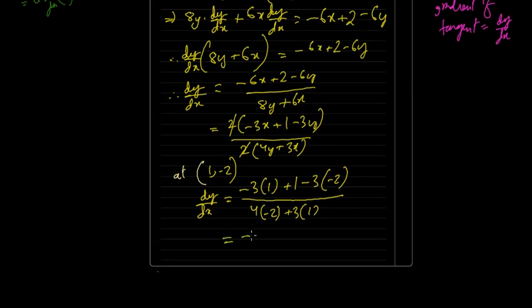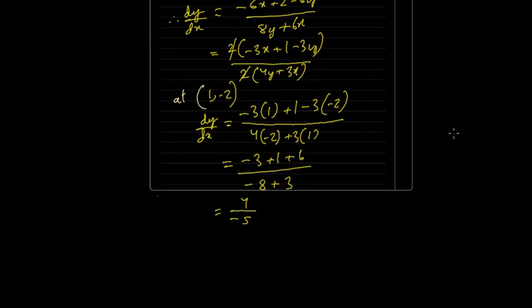That would be minus 3 plus 1 plus 6 divided by minus 8 plus 3. That means 1 plus 6 is 7, 7 minus 3 is 4, 3 minus 8 is minus 5, so 4 by minus 5 is the gradient of the curve. So the gradient of the tangent would be the same, minus 4 by 5.